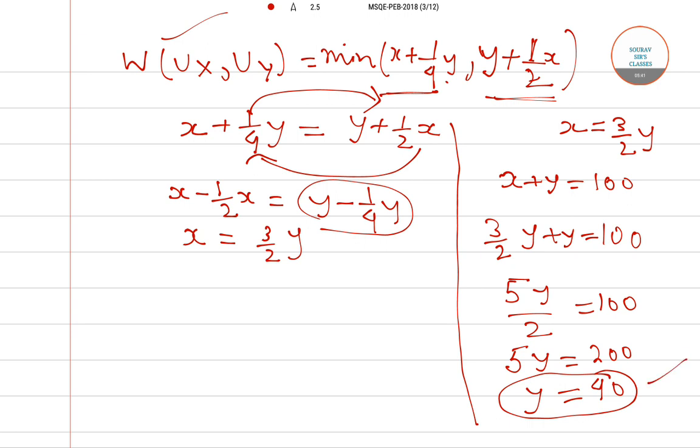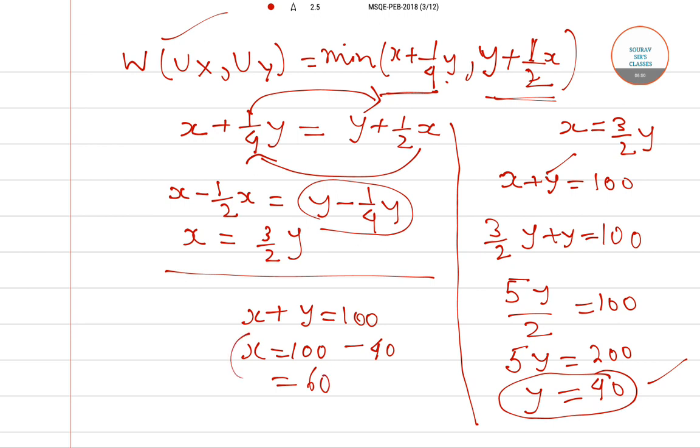Now if you put this value of y here, x plus y equals to 100, and if you bring the y on the right hand side, it will become 100 minus 40, so 60. So the value of x we have found to be 60, the value of y we have found to be 40.